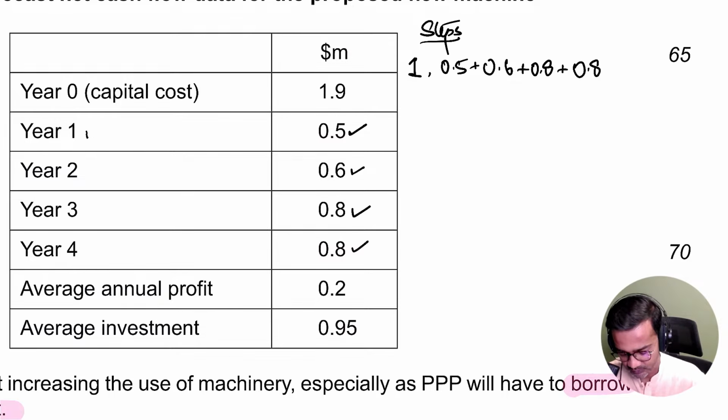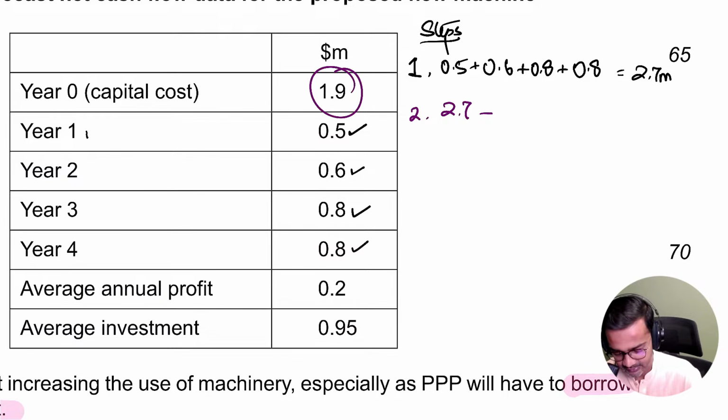So how much is that? 1.1, 1.9, 2.7. So this becomes 2.7 million. So 2.7 is what they're earning. Then the second step is you deduct the original investment amount. So 2.7 minus 1.9. And this leaves you with 0.8. Okay.